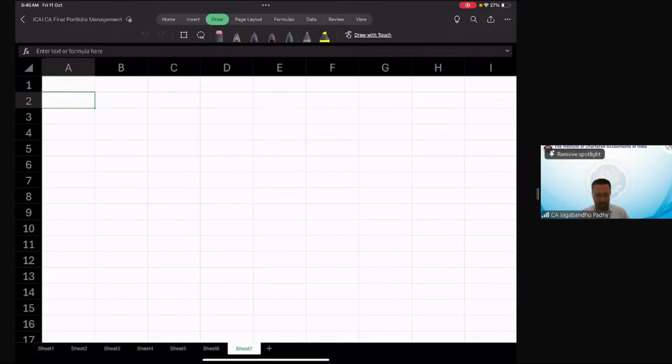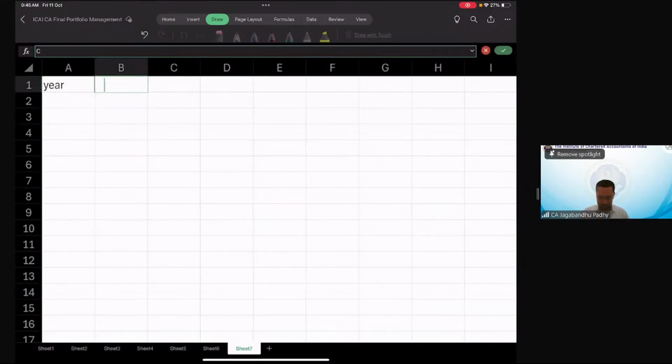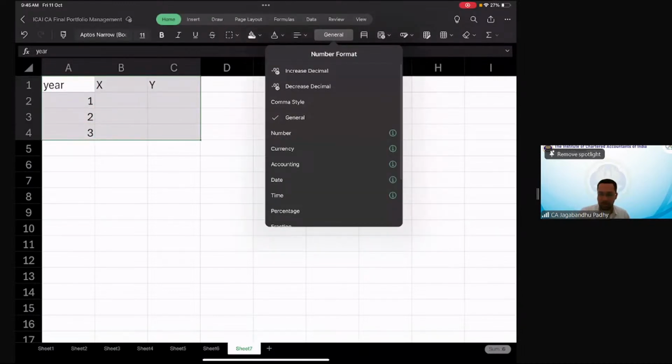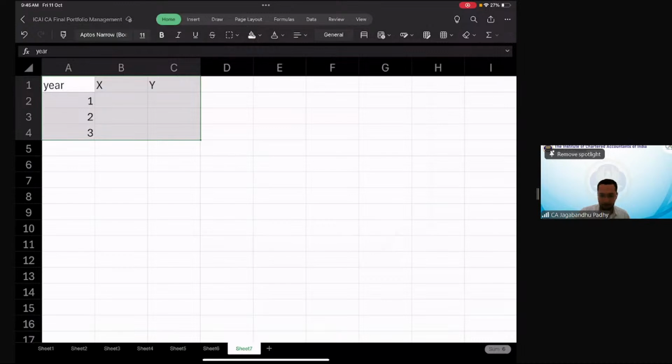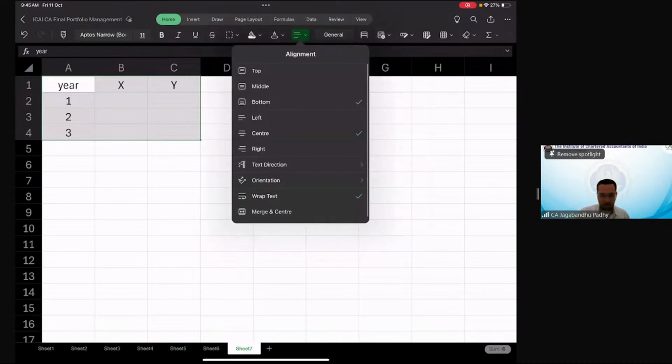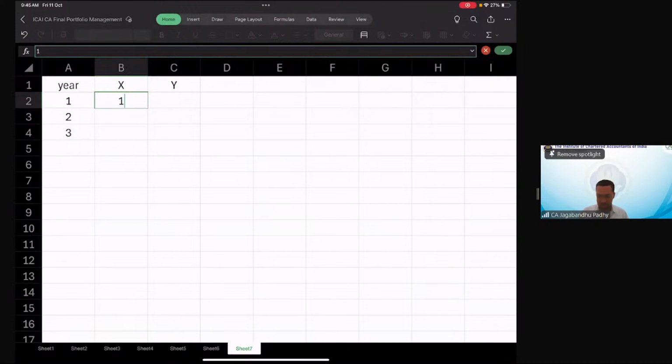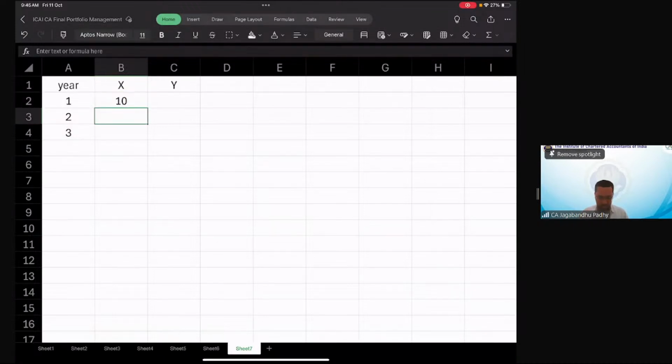Let me take another case. Suppose we have here return of X, return of Y. So here 1, 2, 3. Let me just do it for demonstrating, or to help you visualize what we are really trying to understand in this typical topic. So let's say return of X was 10, then 13, and then, let's say, 9.